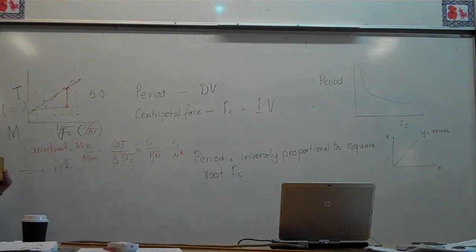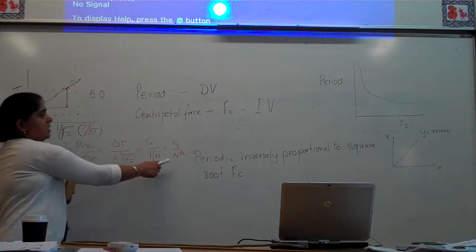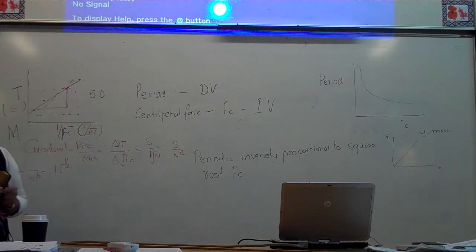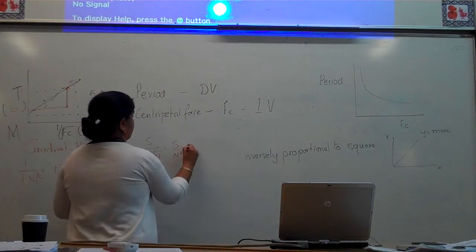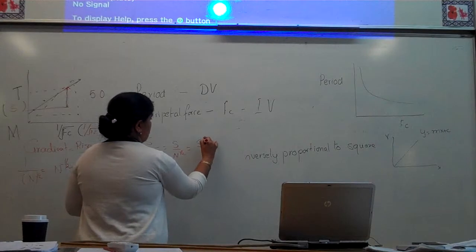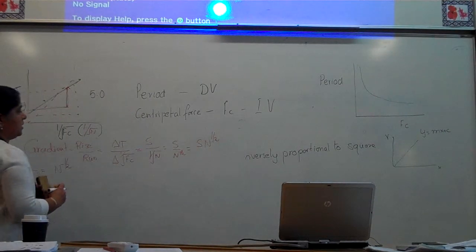Do you agree with this? Because square root means N is at the power of half, and when you take it to the denominator, it becomes negative half. In simplified form, the unit becomes s N to the power of half. That's what the unit is.